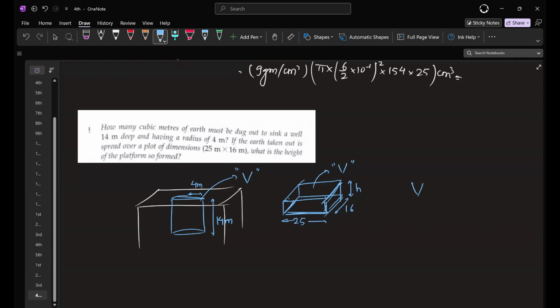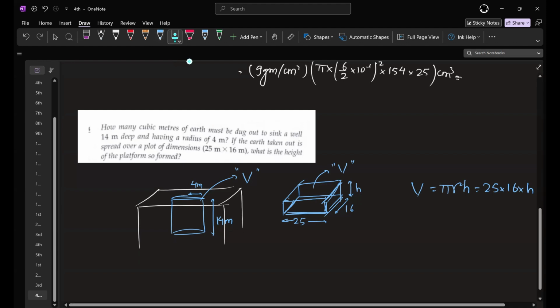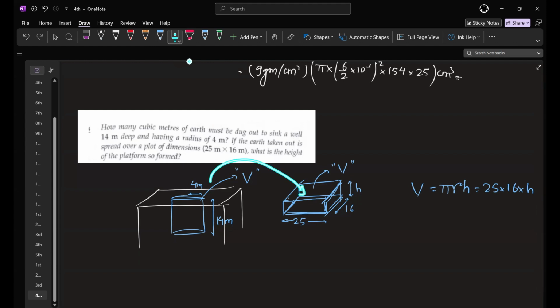V would be equal to, first of all, pi r square h, and that would be equal to 25 into 16 into h dash, because both volumes have to be the same. Everywhere you have to do this, where you have dug up some earth and are spreading it over some other area, you just have to make the two volumes equal to each other.